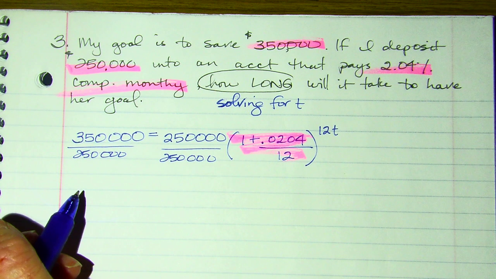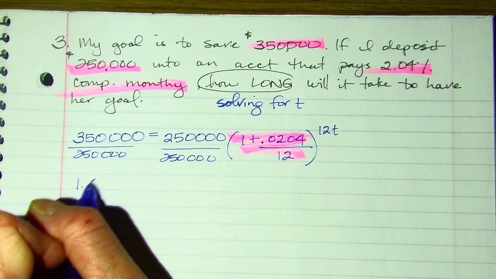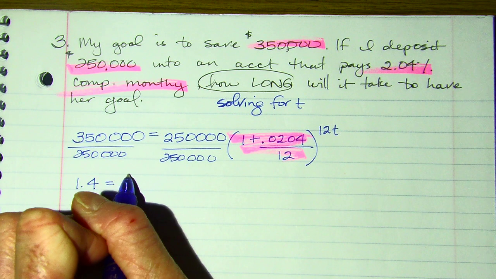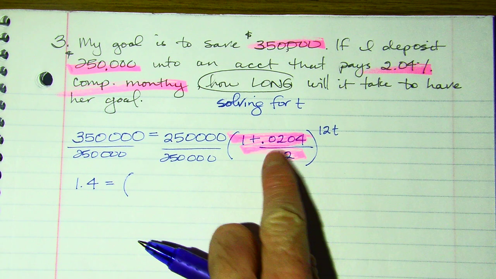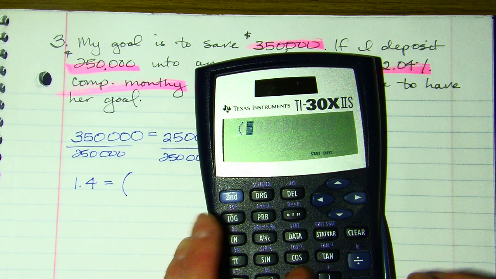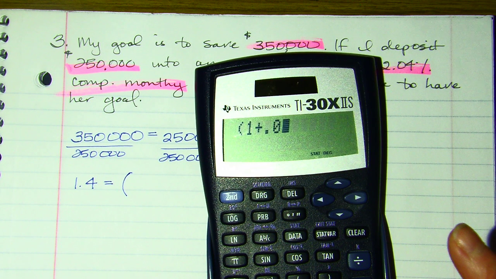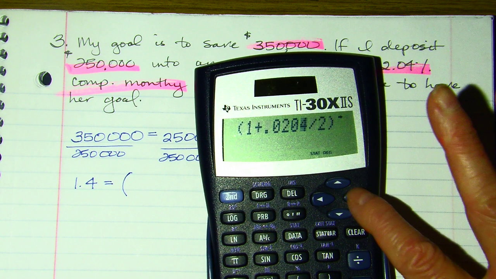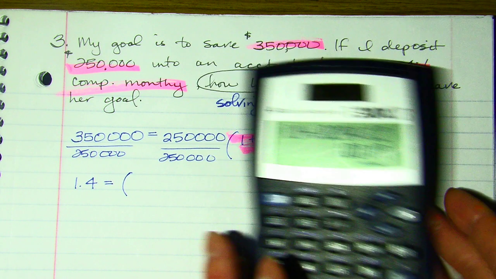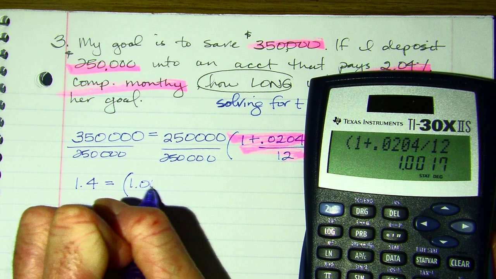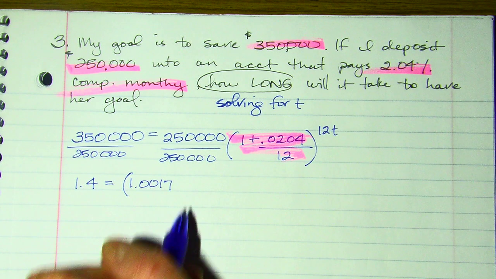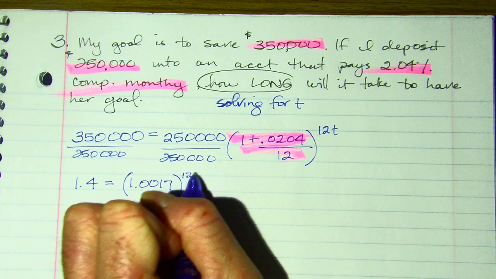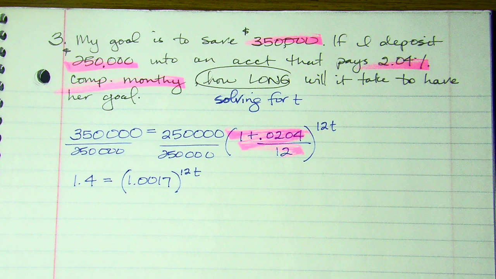So $350,000 divided by $250,000, I get 1.4 equals, and then I'm going to enter this in my calculator. So parentheses 1 plus 0.0204 divided by 12. Whoops, I entered 2 instead of 12. My apologies. And I get 1.0017 to the 12t.